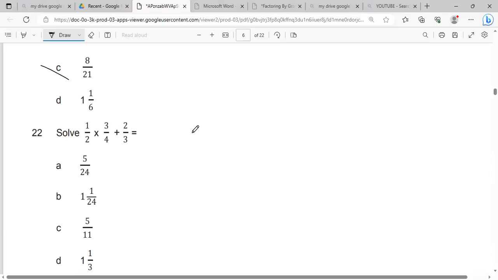All right, this one now says solve a half times 3/4 plus 2/3. I could do the multiplication first, then the addition. Remember the order of operations rule when you're doing this, all right? So 1 times 3, that's 3. 2 times 4, 8, and then we add 2/3. The LCM of this would be 24, the lowest number that both can go into. 8 into 24, that's 3. 3 times 3, 9.